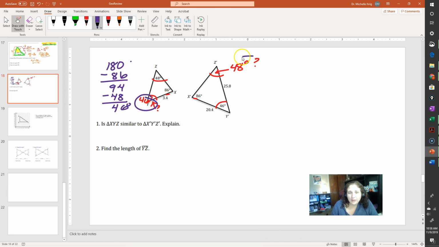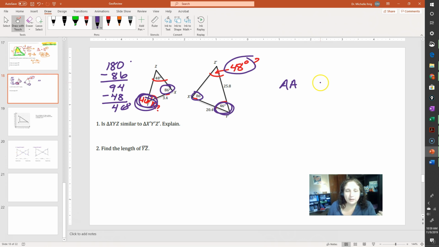So now I know that, yep, the triangles are similar. If you had to prove it, you could prove it with angle-angle similarity. Right now, the question is, what type of similarity would it be? We just proved it by angle-angle, because we noticed that 86 degrees corresponds to 86. When we did our subtraction, we saw that 46 matches to 46, so that would give us angle-angle.